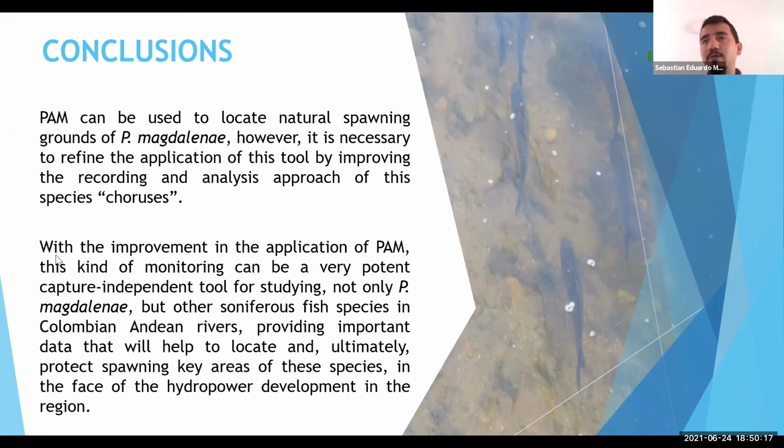And with this improvement, we expect that this tool can be very helpful for studying not only Prochilodus magdalenae, but also other species in the area that use different migratory routes and spawning areas that are under threat at this moment because of the hydropower development in the country.